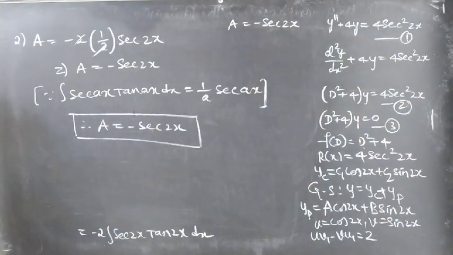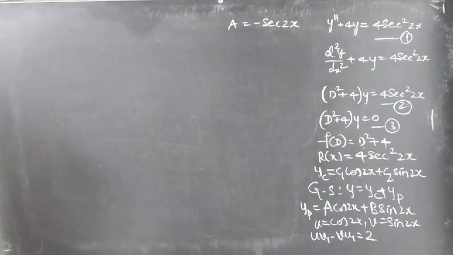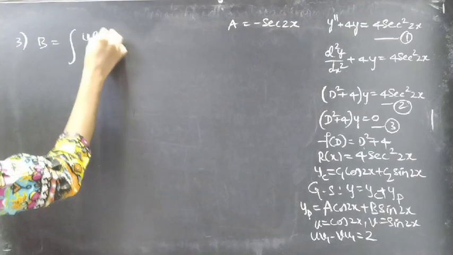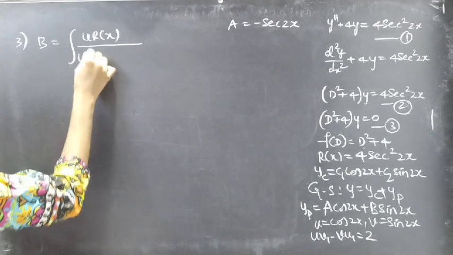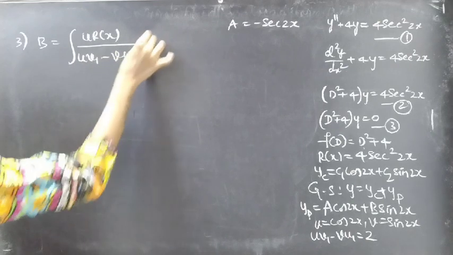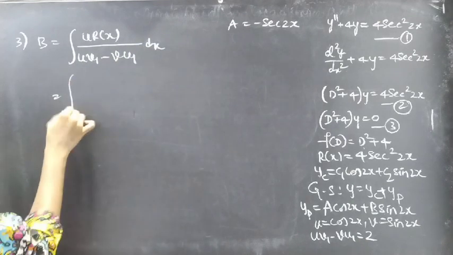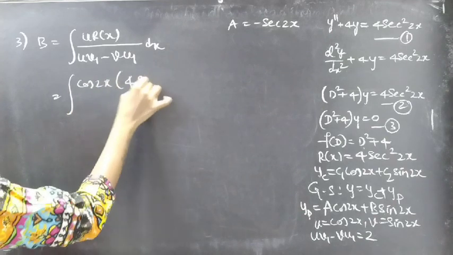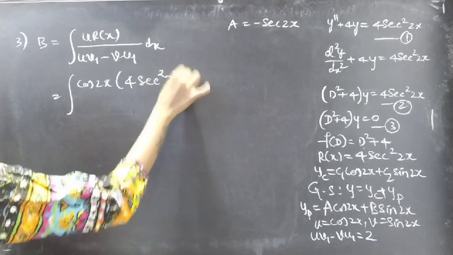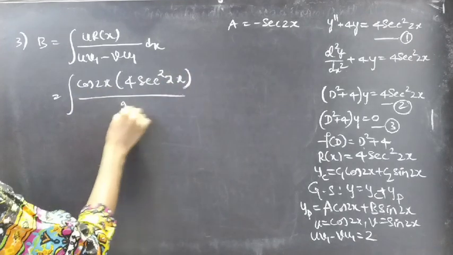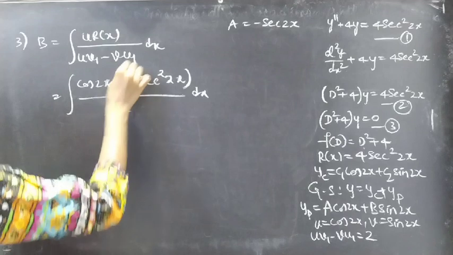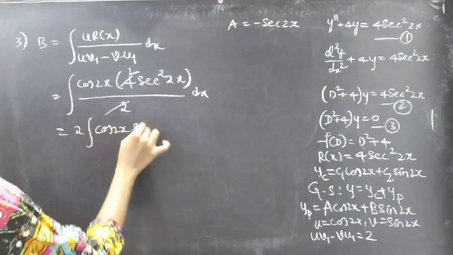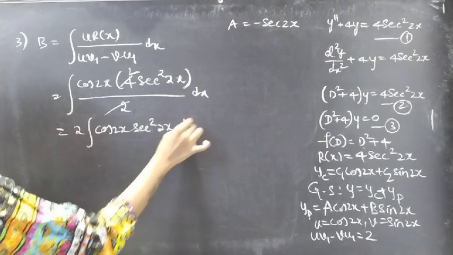Let's now find b. b is given by integral u into r of x by u v1 minus v1. U is cos 2x into r of x 4 secant square 2x by u v1 minus v1 2 into dx. This gives us 2 integral cos 2x into secant square 2x dx.